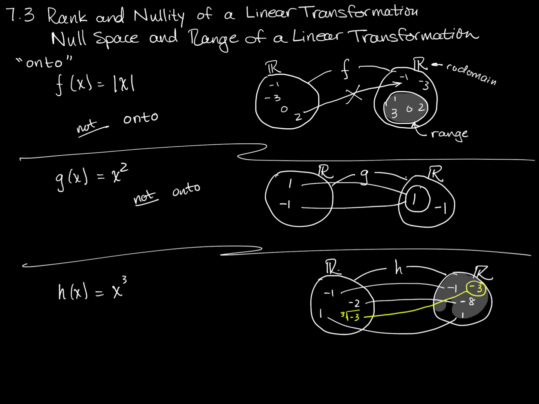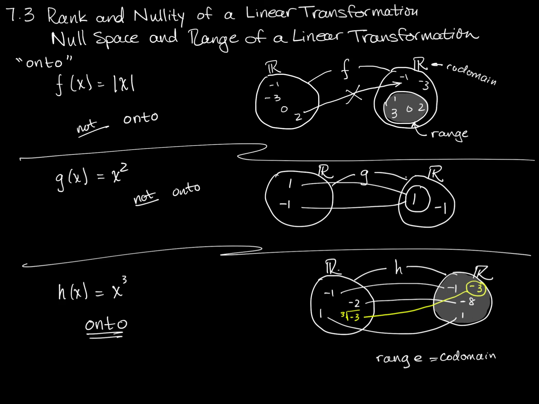And in that case, the codomain equals the range. They're the same set. Everything in the codomain is included in the range. And when that happens, we say that the function is onto. So this function is onto.